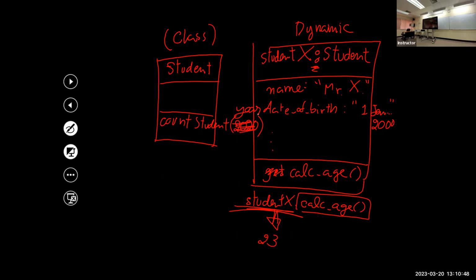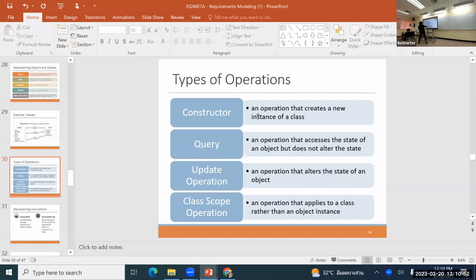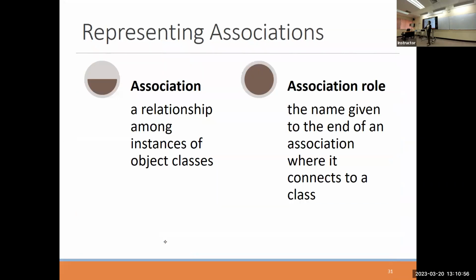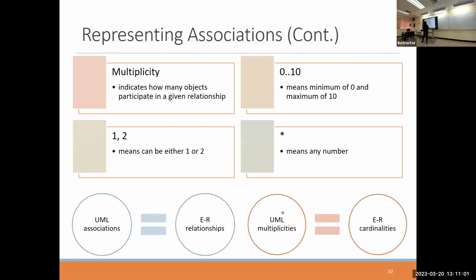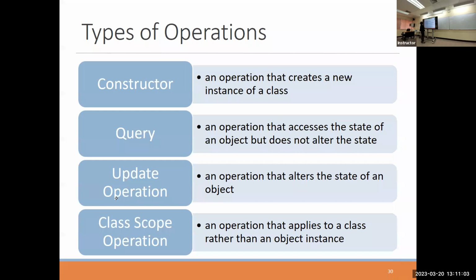So that is part of what I said, classical operation. The operation that applies to the class itself, not to specific object. So these are 4 types of operation.